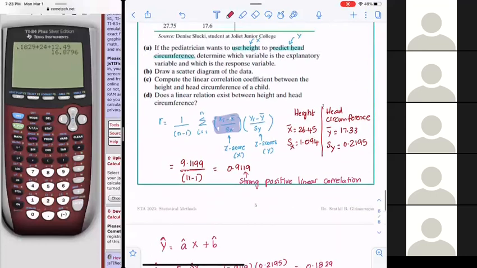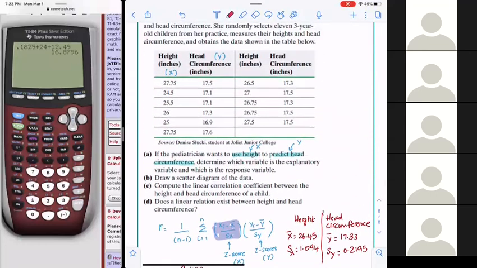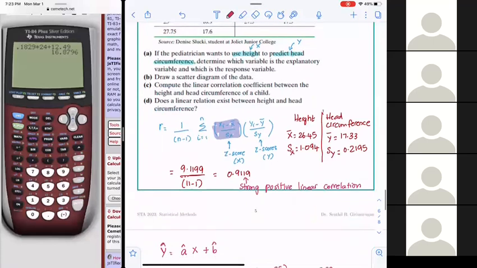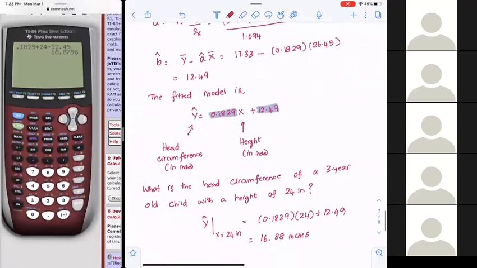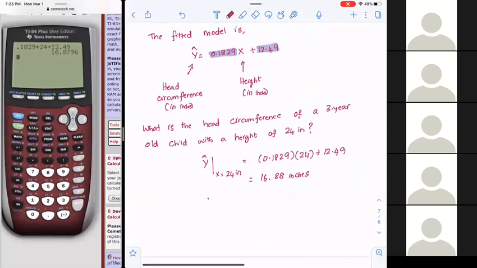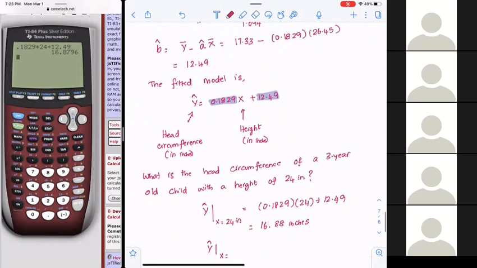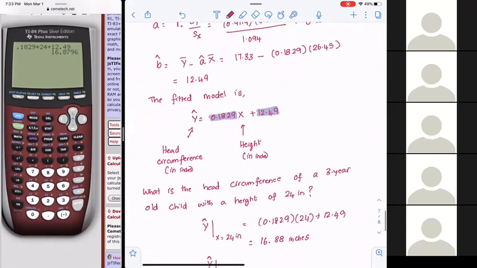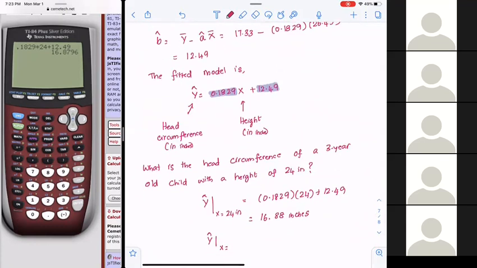So if we go back here, between 24.5 and anything below 24, we actually don't have an observation. So earlier I mentioned being careful about predicting a value that is within the range of data.